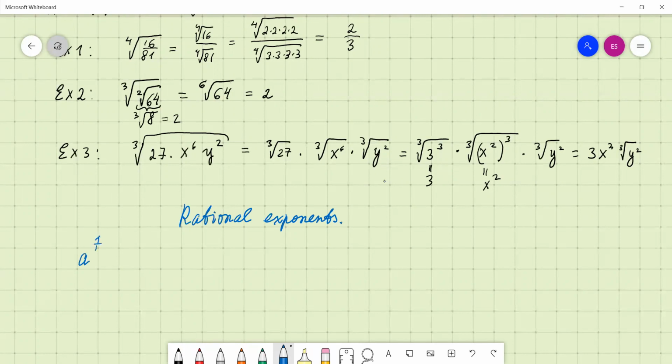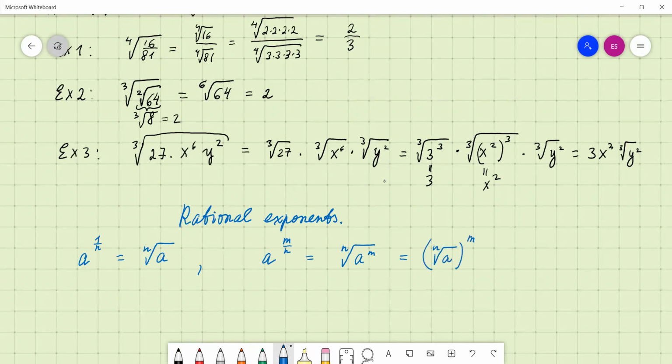a to the power of 1 over n is going to be the nth root of a. We'll represent the root radical in exponential notation. So we have an exponent, but the exponent is a little fraction, 1 over n. Then a to the power of m over n is going to be either the nth root of a to the power of m, or the nth root of a, to the power of m.